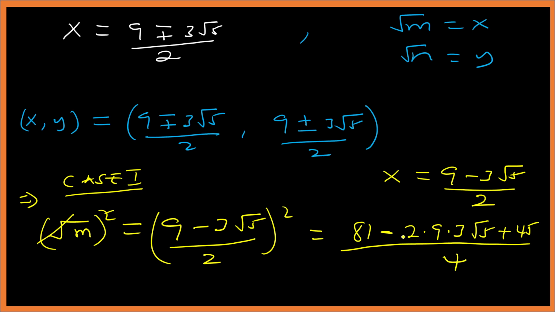So 2 times 9, 18, times 3, so we have 54 root 5.